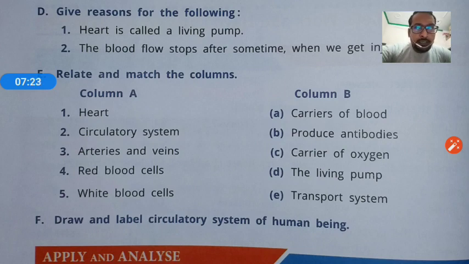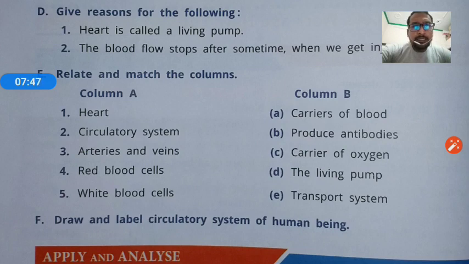So number 2 matches E of column B, transport system. Number 3 in column A, arteries and veins. In column B, it carries blood. Arteries and veins carry blood.